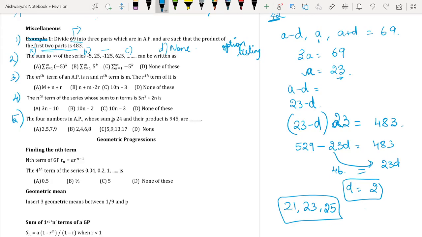Look at the options and add the 3 and see if it is equal to 69. Whichever is not equal, you eliminate those options. Then you check the product of the first two terms. Let's say option A is 21 and 23. 21 plus 23 plus 25 is 69.